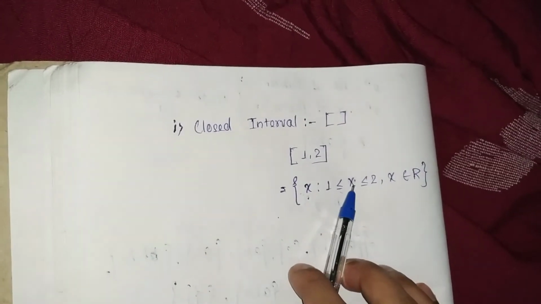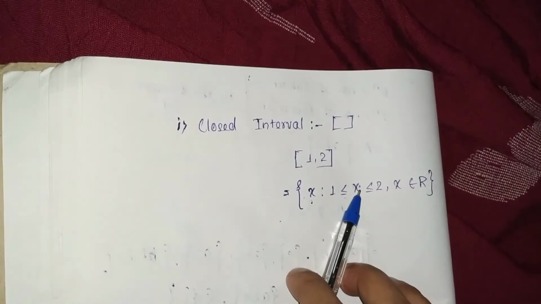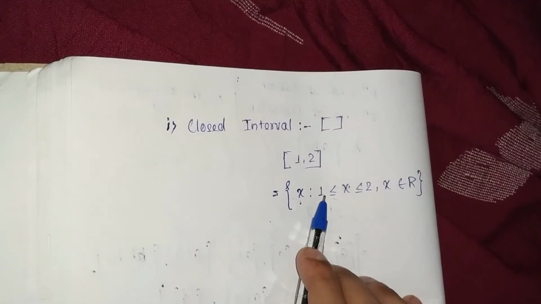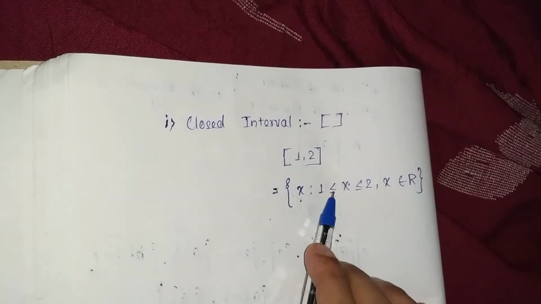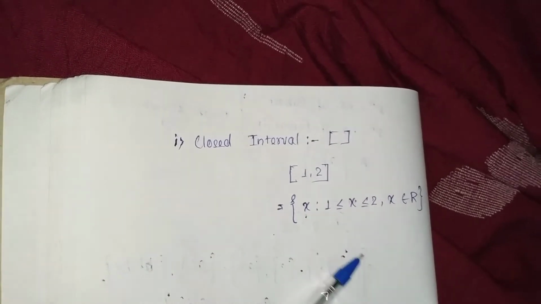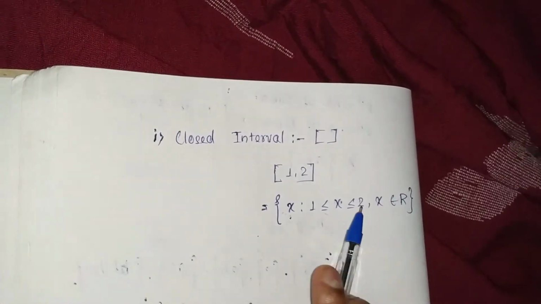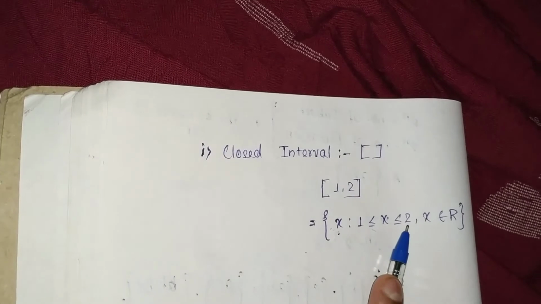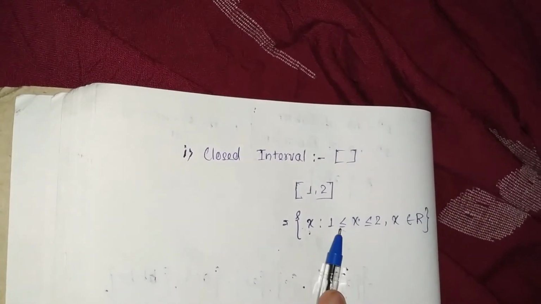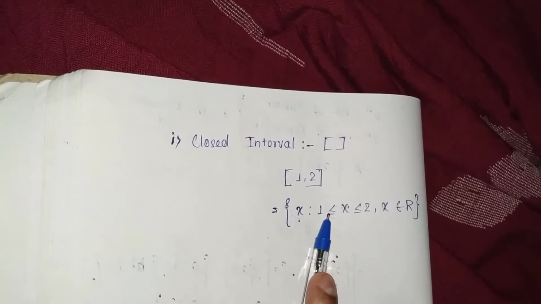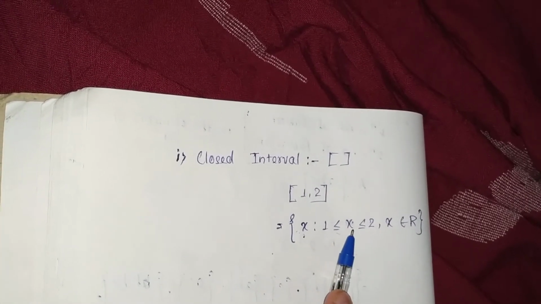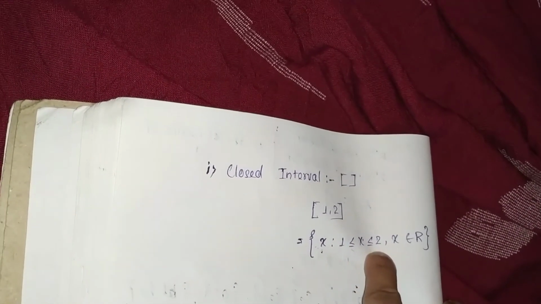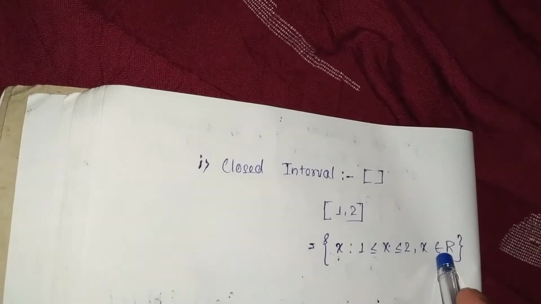The value of x starts from 1 or bigger than 1, but the value of x ends on 2 or smaller than 2, and x must be a real number.